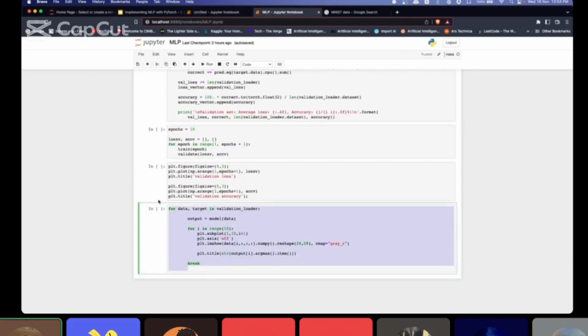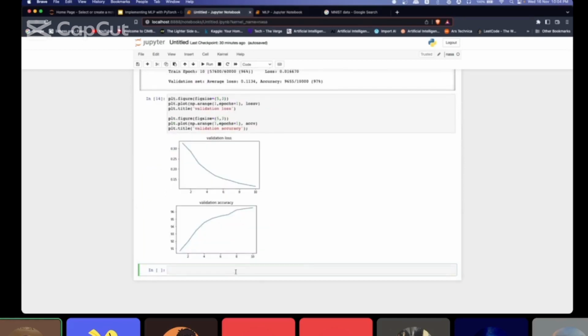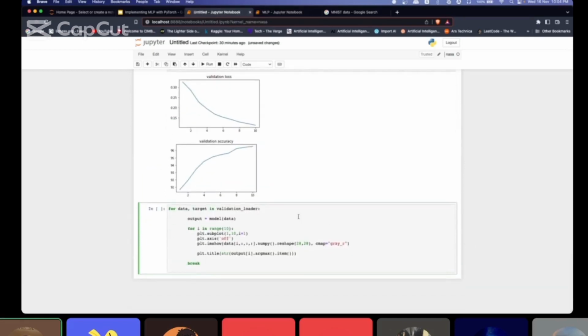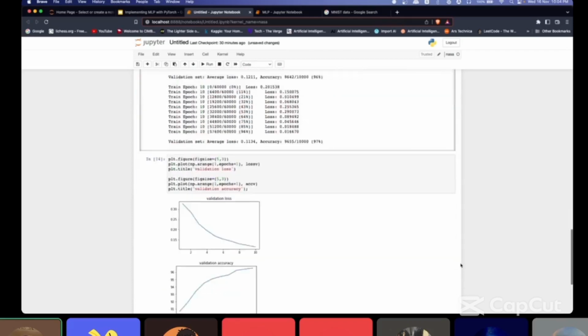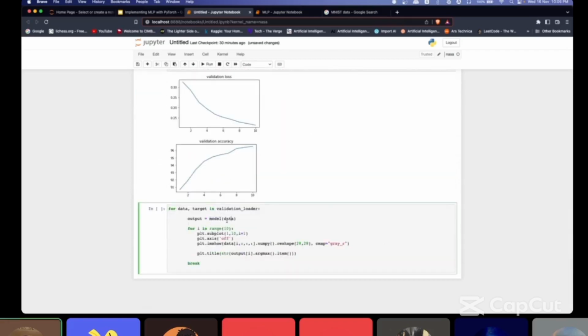Now let's try and see what really happened to some of our data. What I'm doing here is going back to the validation loader, taking some data and the target, and inserting this data into the trained model. The model is already set to eval mode, so we don't have to worry. I'm inputting those data to the model, and then plotting 10 of the data along with the output from the model itself.